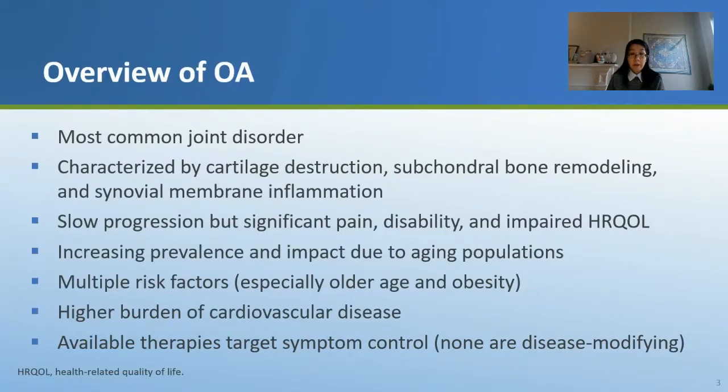The prevalence of OA is rising with the rising aging population and increasing rates of obesity. OA is the leading cause of pain worldwide, and it's the 11th leading cause of disability. There's a high cardiovascular disease burden in OA owing in part to shared comorbidities and risk factors, but currently therapies target symptom control and none are disease modifying.